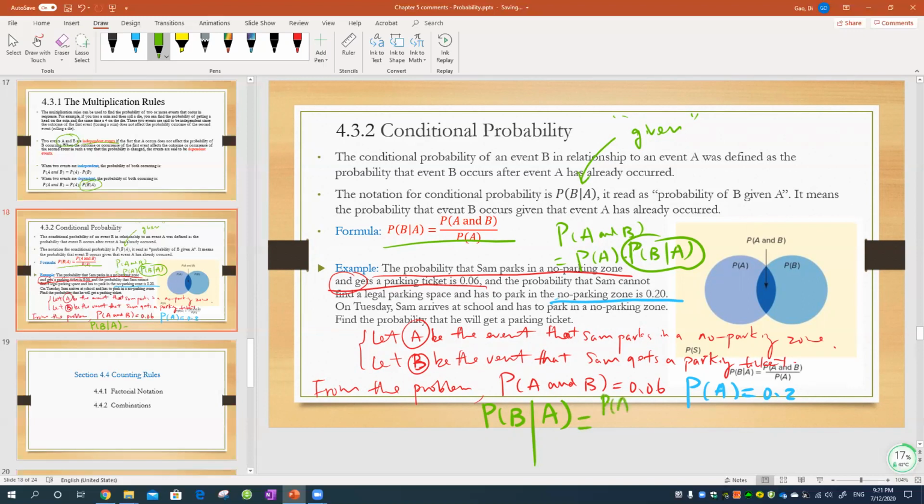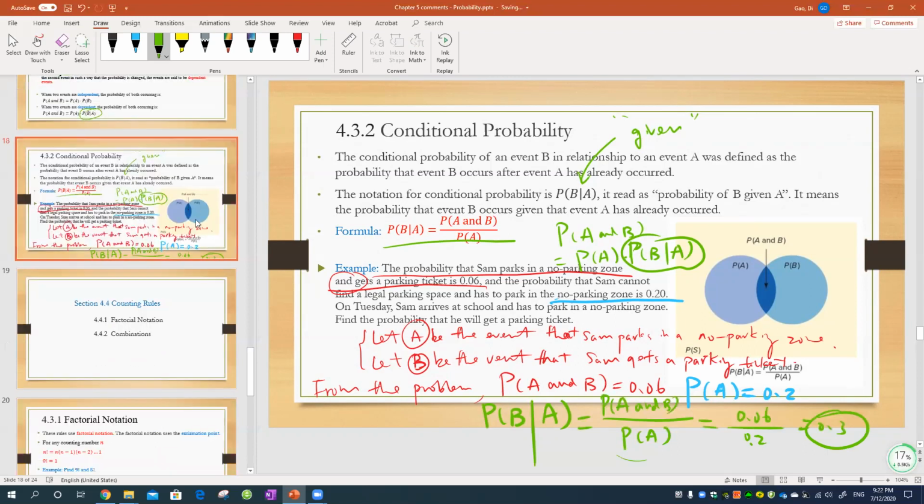That's probability of A and B divided by probability of A. So whatever is given, you're going to use that as the denominator. Then we know probability of A and B is 0.06 and probability of A is 0.2. And we get 0.3, 30% chance. That is the result for this example.